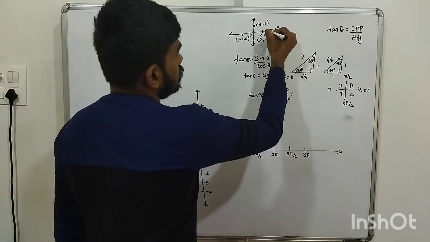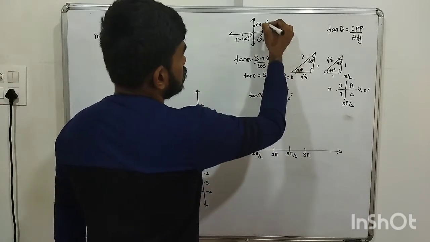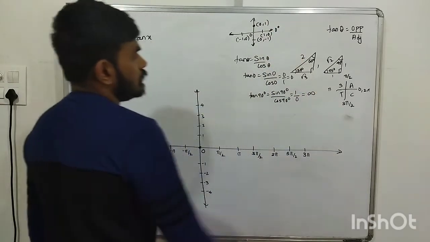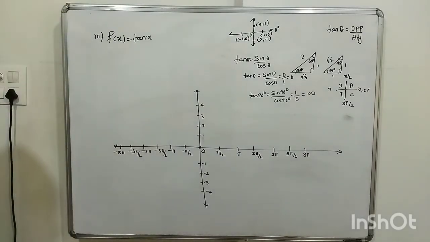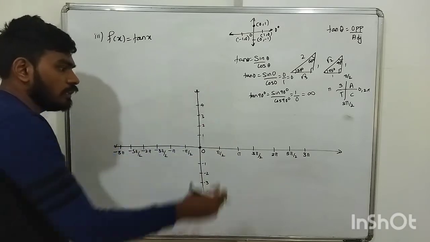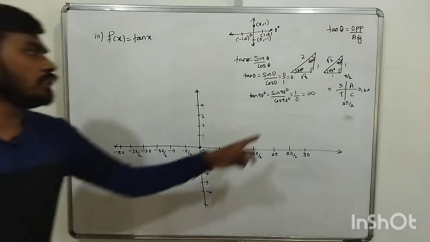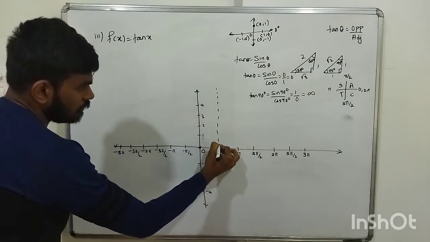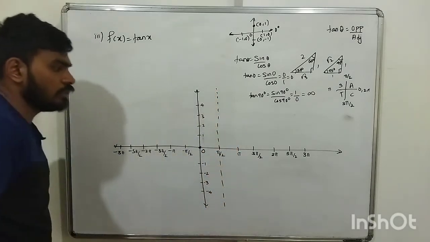Sine 90 is 1, and cos 90 is 0. So this becomes infinity. So at 90 degree there is no value. The value is at infinity. So this 90 degree we can't take.